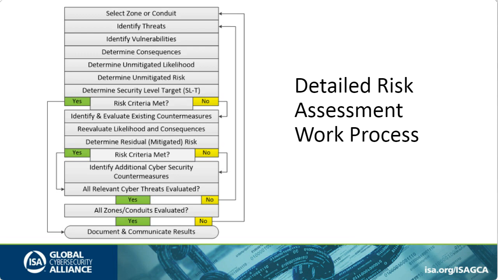And then when you get to that point, you ask the question, have all relevant cyber threats been evaluated? If not, you go back and you iterate until you have identified all the threats, and ultimately you ask the question, have all the zones and conduits been evaluated? Once again, you go back and select the next zone.